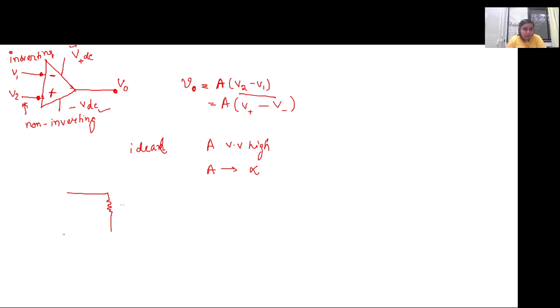The input of the circuit is denoted somewhat like this, where this is the input resistance, this is V1 and this is V2, which are the inverting and non-inverting terminals. And the output of the circuit is somewhat denoted like this. So this is A into V positive, or in this case V2 minus V1.